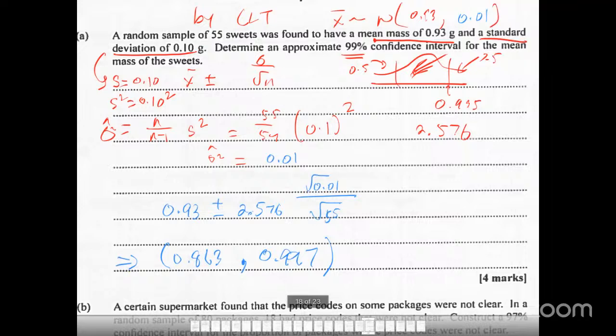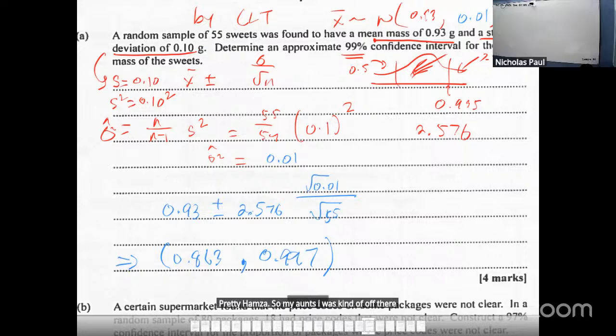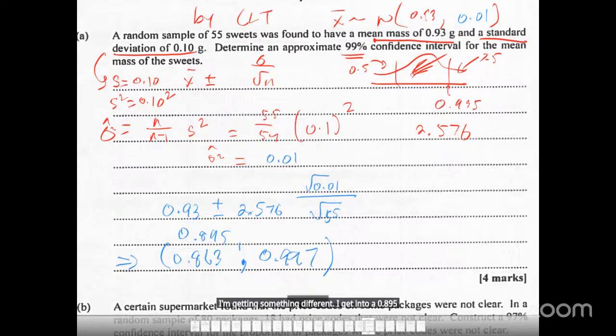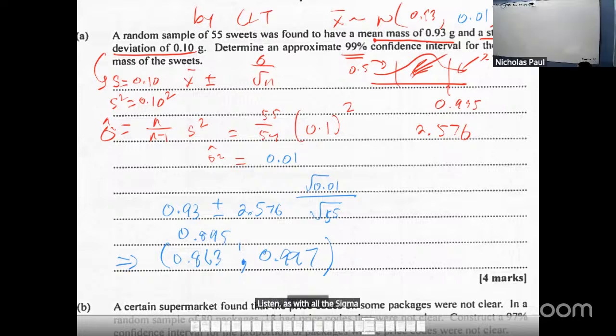Oh wait, I realized I was going wrong there. I didn't use the sigma hat value for the answer, so my answer was kind of off. If I get something different, I get 0.895. Yep, so that's without the sigma hat value. That is with the square root of 0.01.